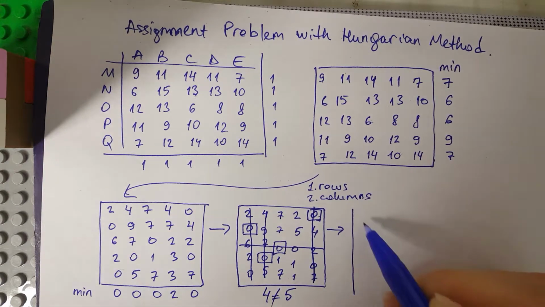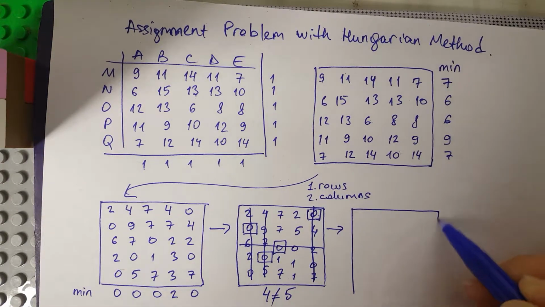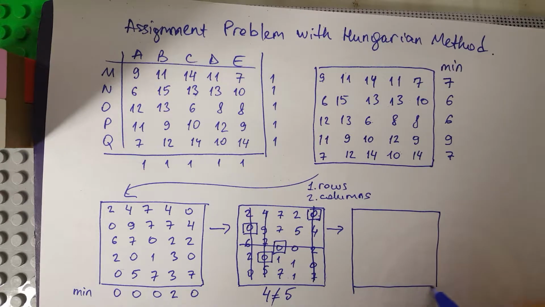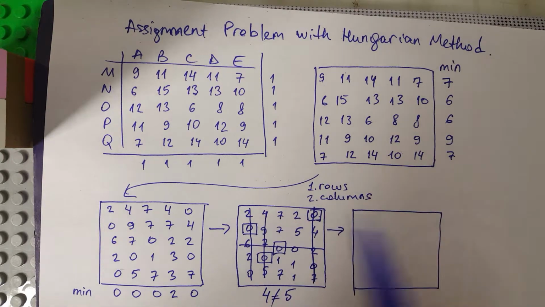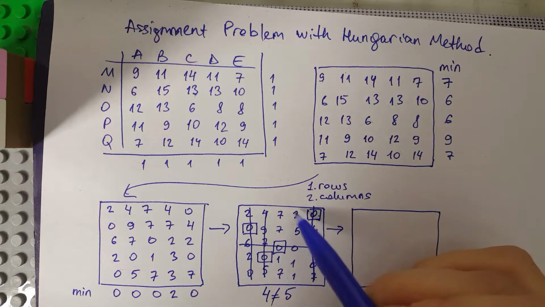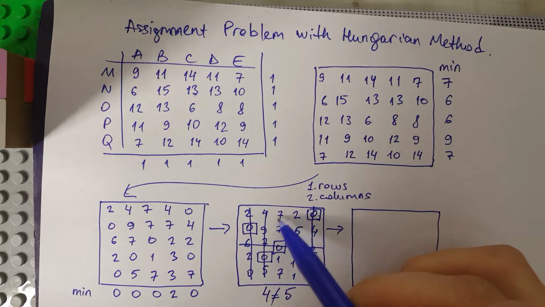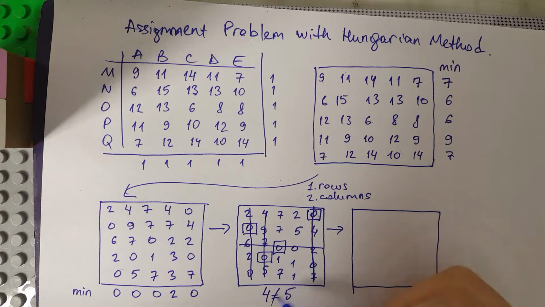Next step is to update this table. With these crossed out, firstly we will find the minimum value of these numbers that are left uncrossed. It's 1. You can use any one because they are all ones.